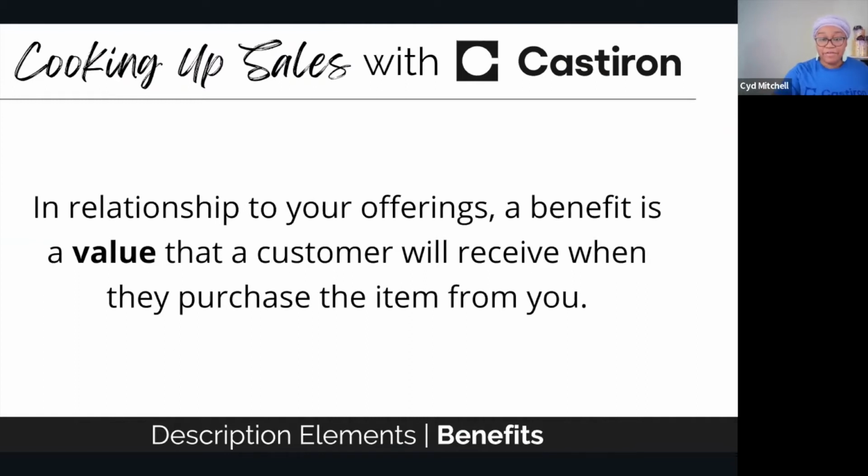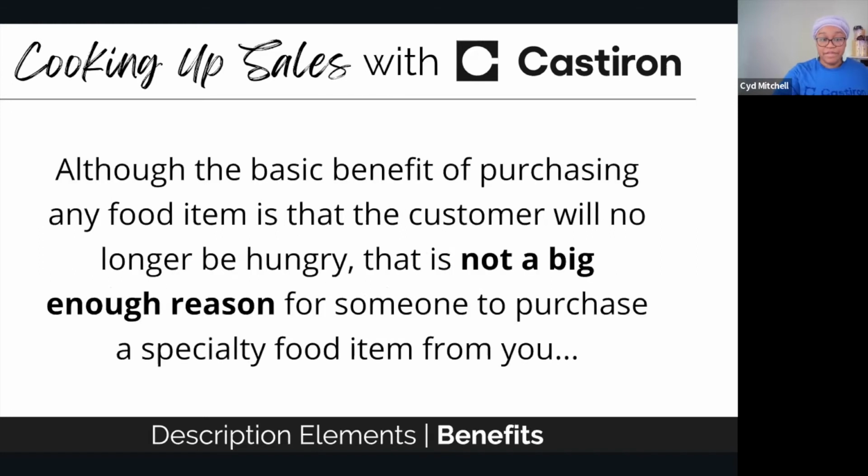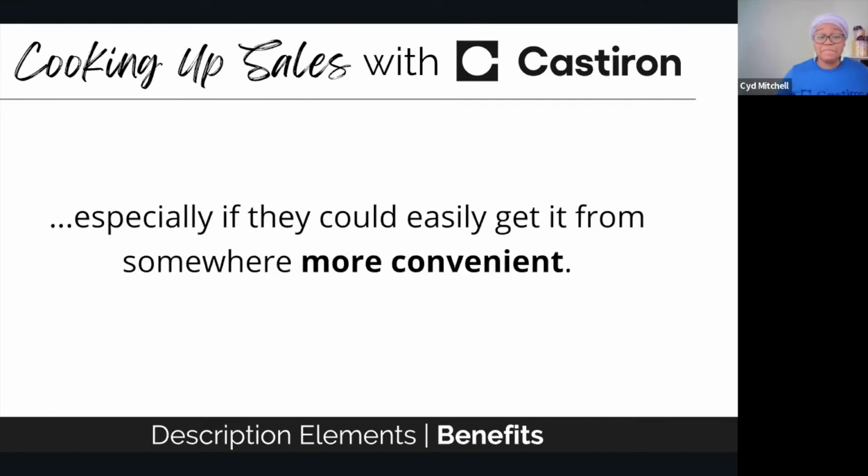Although the basic benefit of purchasing any food item is that the customer will no longer be hungry, that is not really a big enough reason for someone to purchase a specialty food item from you specifically, especially if they could easily get it from somewhere more convenient.